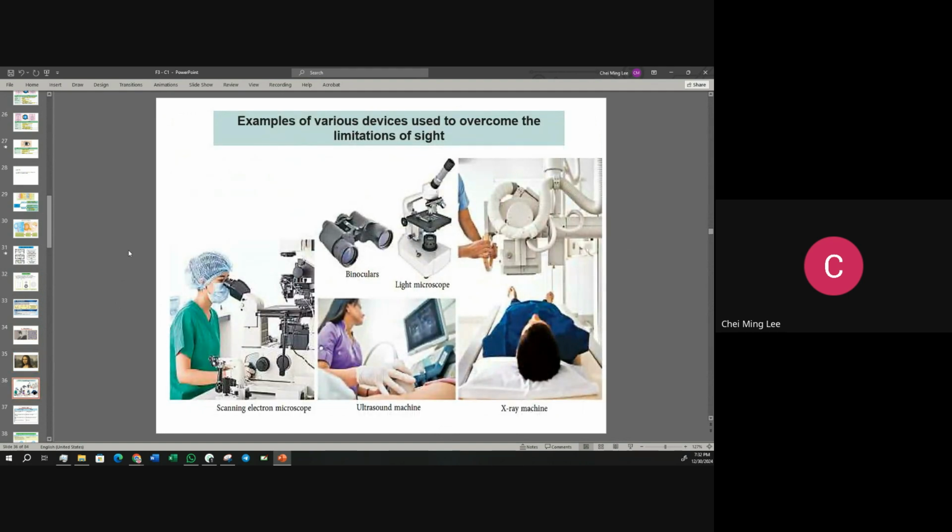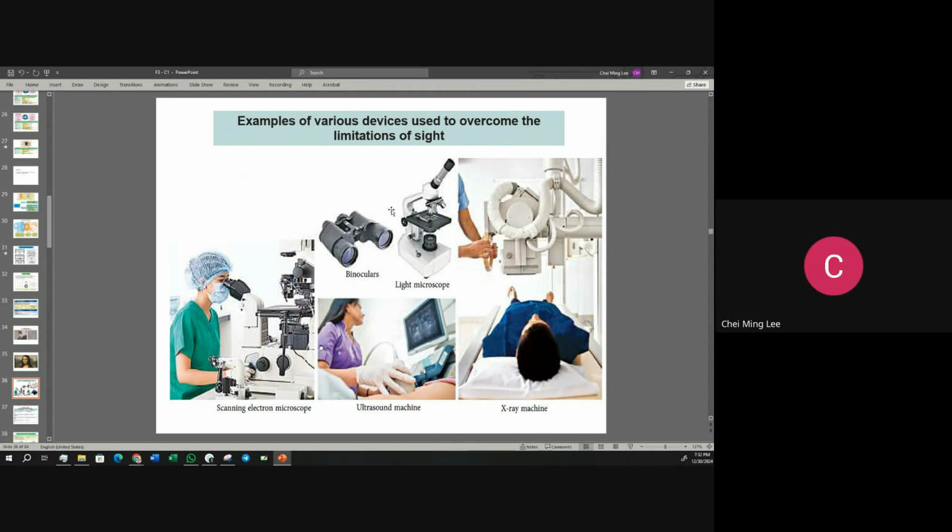Now, in order to overcome our limitations of sight, we will need some equipment. For example, if you want to look very far away, we need binoculars. If I have to see a normal microorganism, then we need a light microscope.